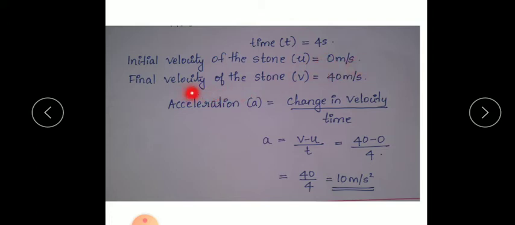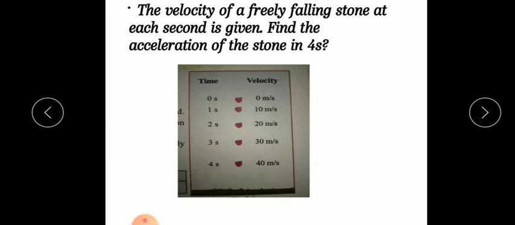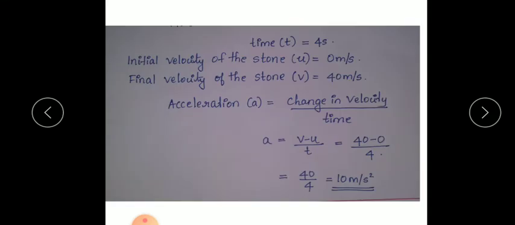And what about final velocity? Here they told us to find the acceleration of the stone in 4 seconds. In 4 seconds, the velocity is 40 meter per second. So this is the final velocity. So final velocity v is equal to 40 meter per second, and acceleration a is equal to change in velocity divided by time, that is v minus u divided by t.